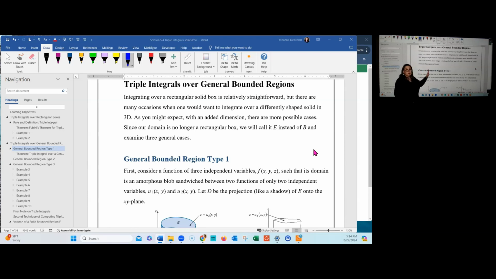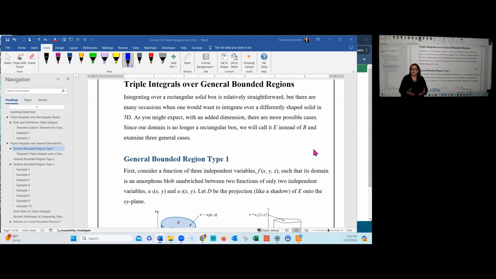So how do we do this? Well, first, we're not going to call it B for box anymore. We're going to call it E instead. And I can't tell you what the E stands for. I'm not sure. So we have what we call a general bounded region of type 1, type 2, and type 3.